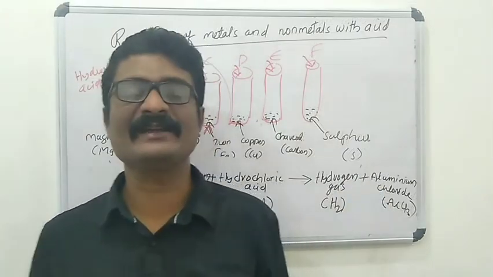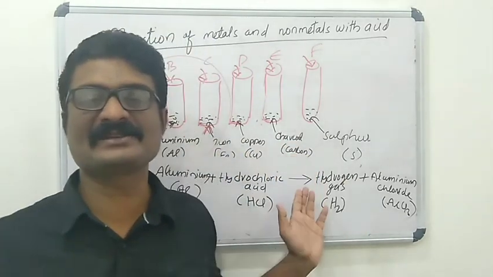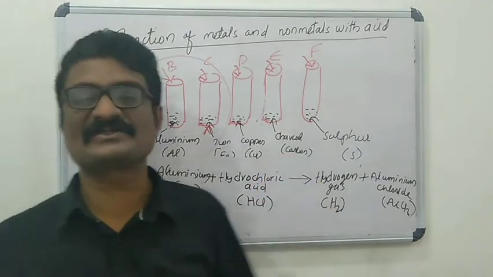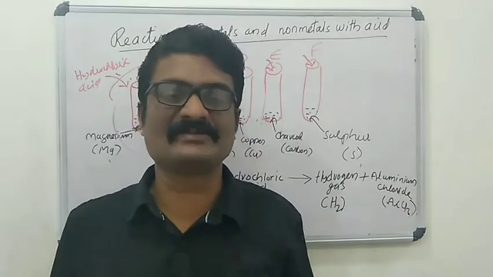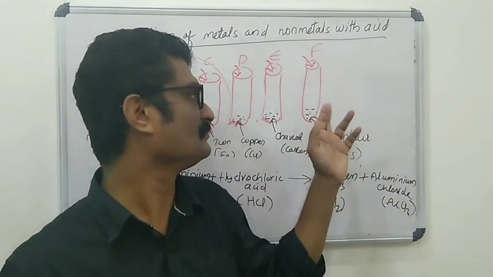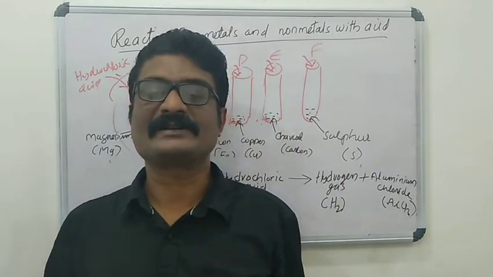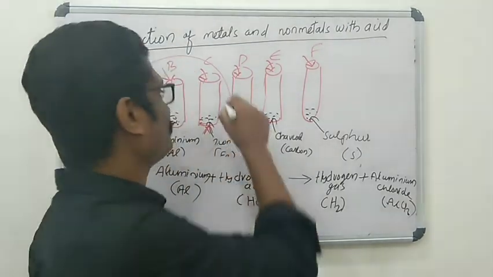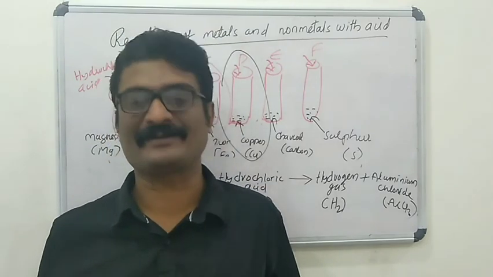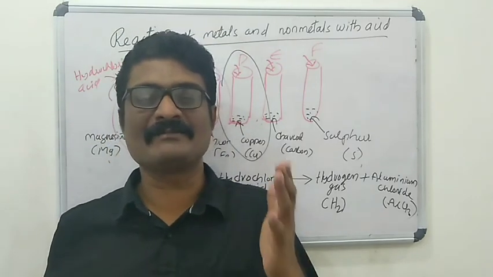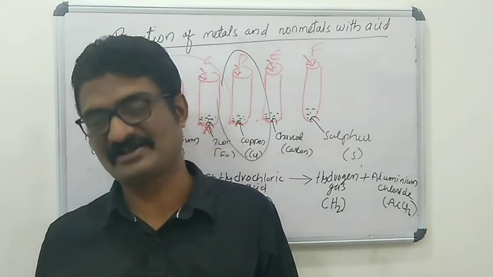Finally we can say one thing: metals like magnesium, aluminium and iron react with acids, forming hydrogen gas and salt, whereas non-metals do not react with acids. But what about test tube D, where we have copper? Copper is a metal, still it does not react with hydrochloric acid.